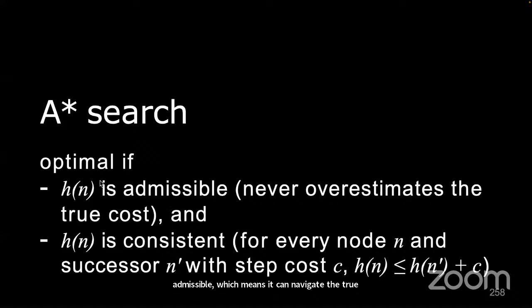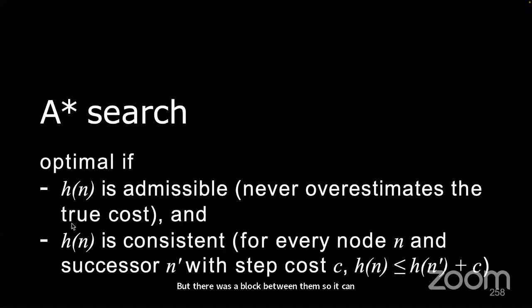It can underestimate the cost, as we see in an example where it estimates that the goal state is 2 cells far, but there was a block between them. So it can underestimate, but it can never overestimate.